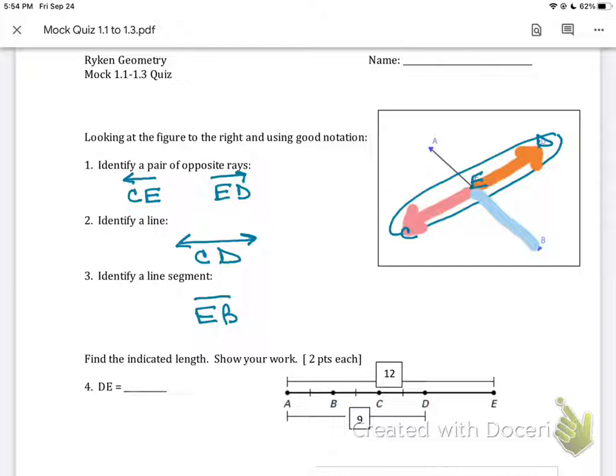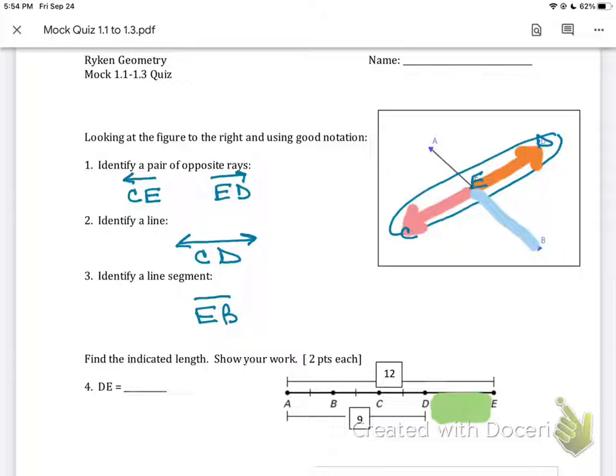Okay, so that brings us down to the next topic, which is the ruler postulate. So this is a ruler postulate problem, and we're going to try to figure out what DE is. So where is DE? Well, DE is right here. So it's the piece right here that has not been identified. So there's no length associated with DE yet, and I want that length. So I'm going to take the time to write up my equation.